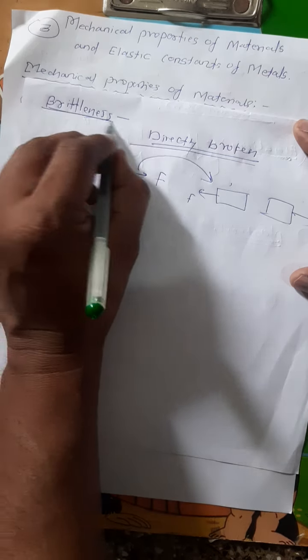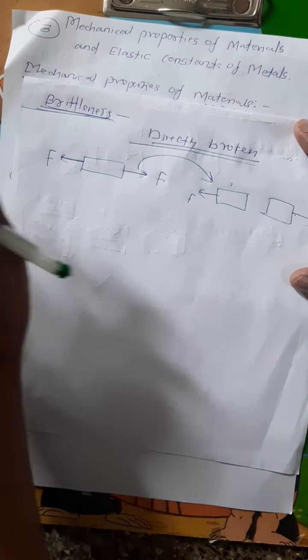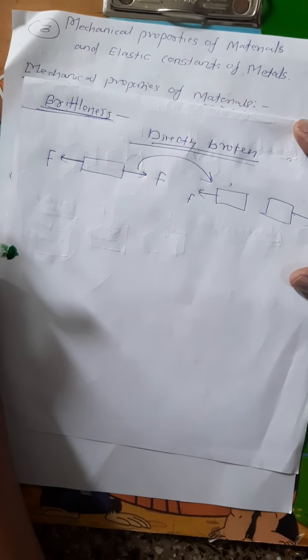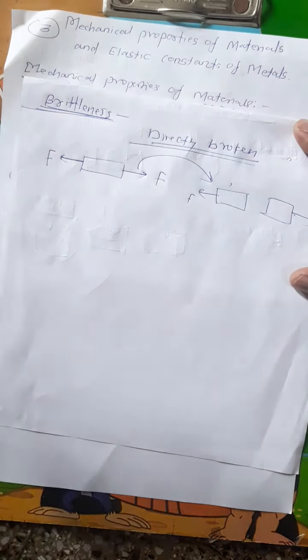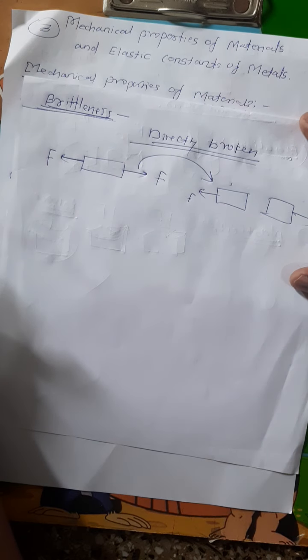So that is brittleness. A brittle material can never deform. It will directly be converted into two pieces. So this is the brittleness property.